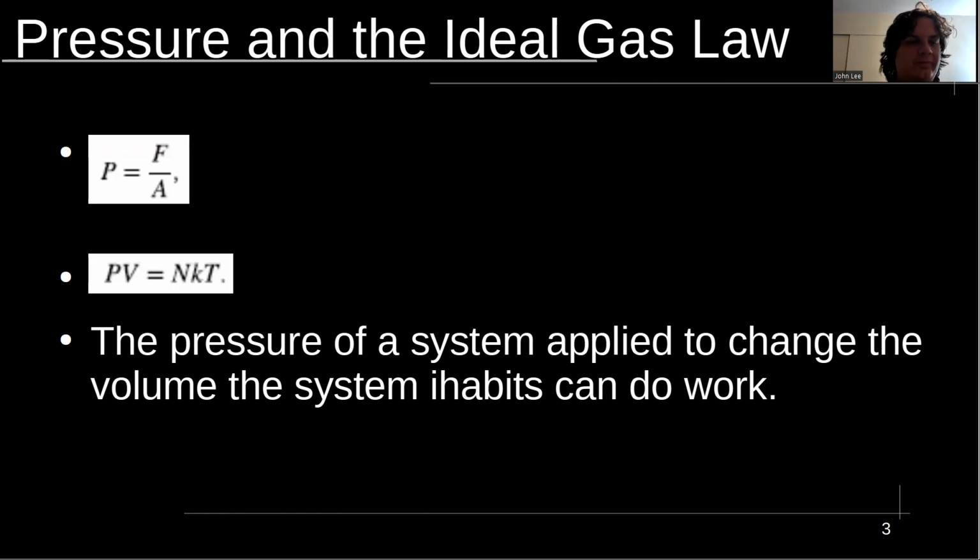So this pressure and this volume, where volume is the amount of space that's taken up by the balloon or the pressure cooker or whatever container you're looking at, when this pressure is applied to change the volume of a system, this can cause there to be work done, because work is force applied over a distance.